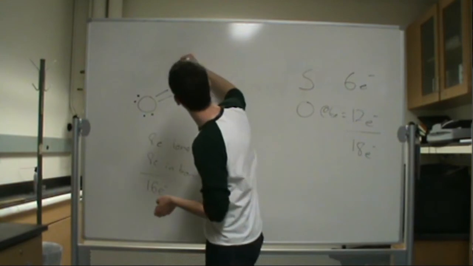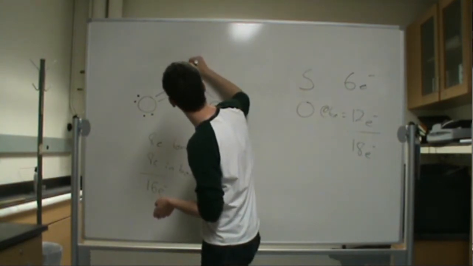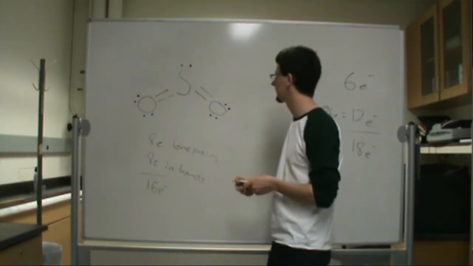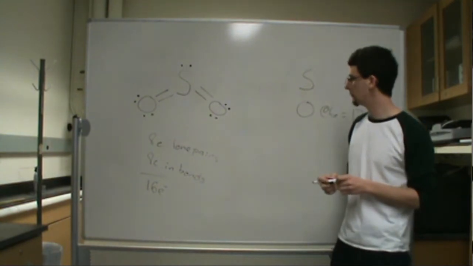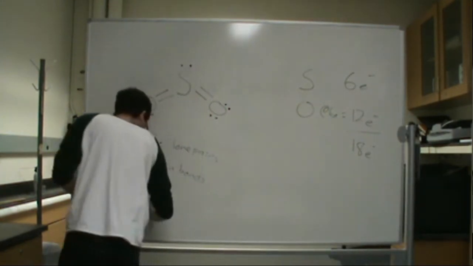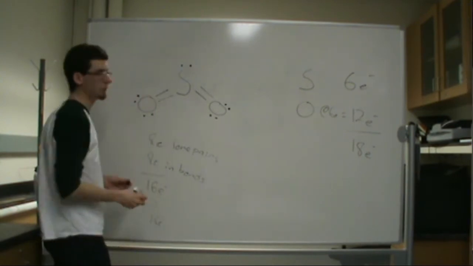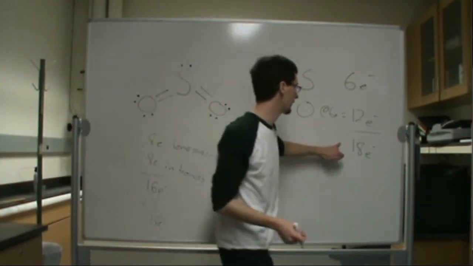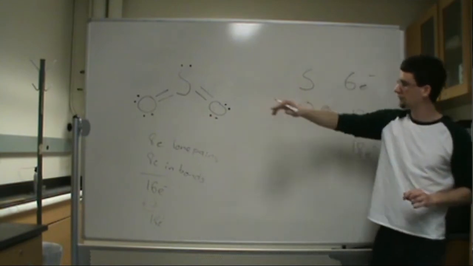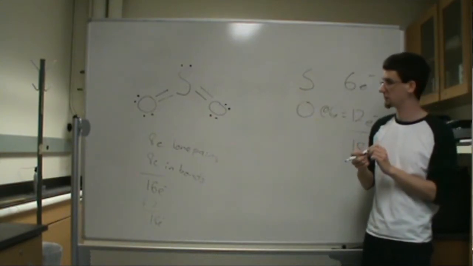If we toss 2 on here, we end up with 18 electrons. That's what we should be at. It matches up with our electron count over here, so we have the correct number of electrons.